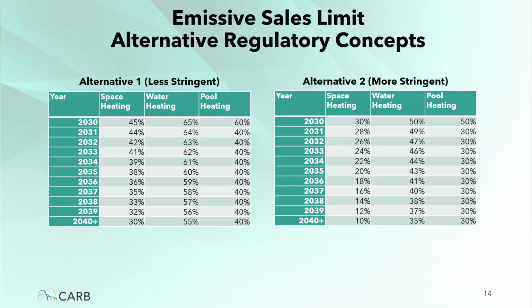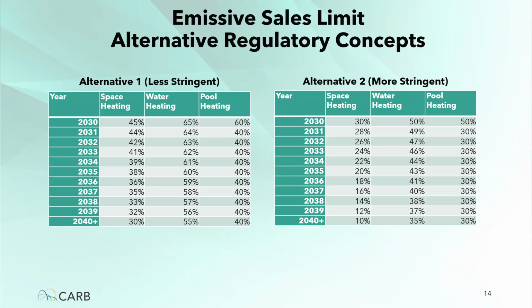Okay, so we did develop two alternative regulatory concepts that vary from the proposal. Alternative one is less stringent and allows 5% more emissive sales each year for space and water heating compared to the proposal.